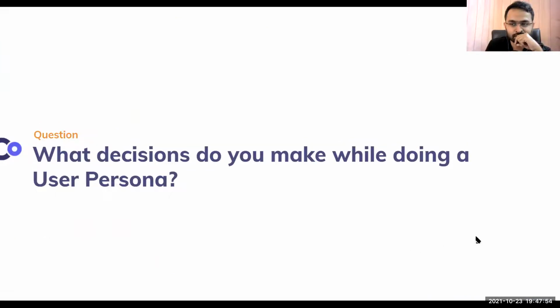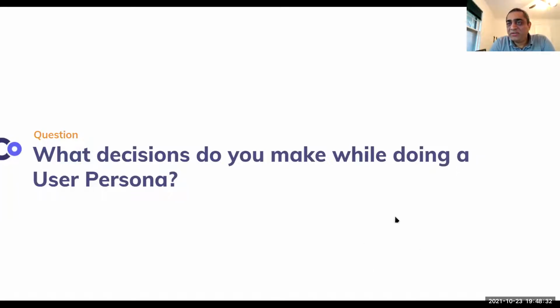Okay, so let's actually understand what decisions you make when doing a user persona, right? Feel free to type it into your chat box and then we can look at it. So user needs is not a decision, is it?